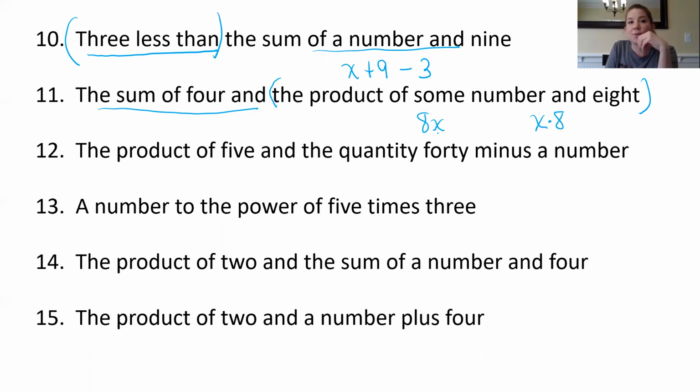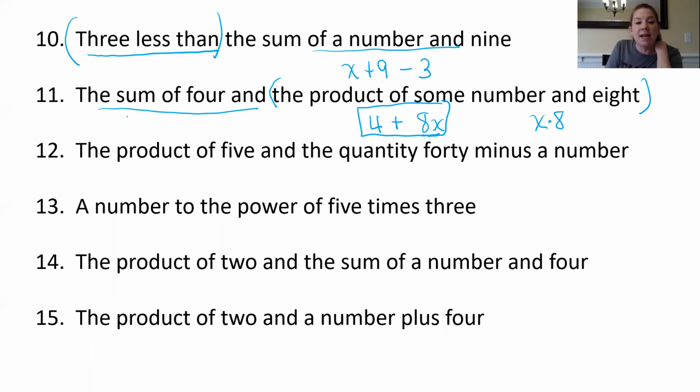So reversing the order doesn't matter. But anytime you have a digit with a variable, it's going to be written like this 95% of the time. So the sum of 4, sum means plus, so the sum of 4 and the product of a number and 8. That's how you write that.